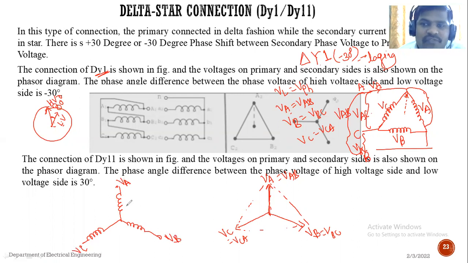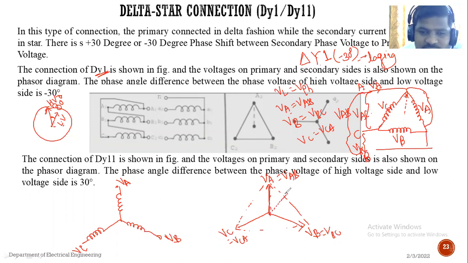I want to draw the phasor diagram of the secondary with respect to the primary, or the phasor diagram of both. See, the voltage VA on the secondary side will lag behind the HV winding by an angle of 30 degrees. I will draw it in the same diagram so that you will understand.